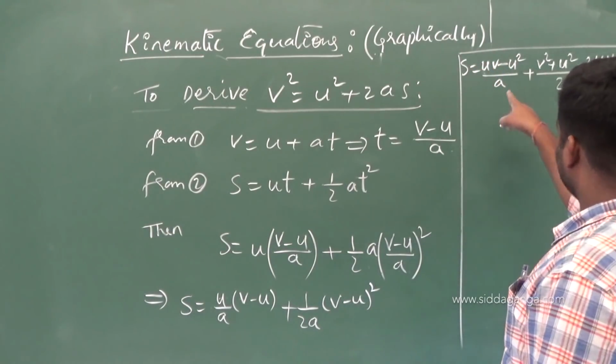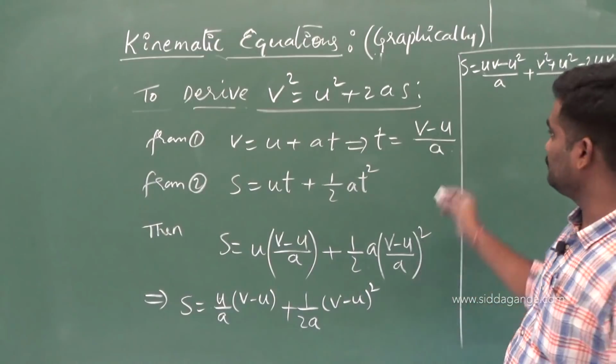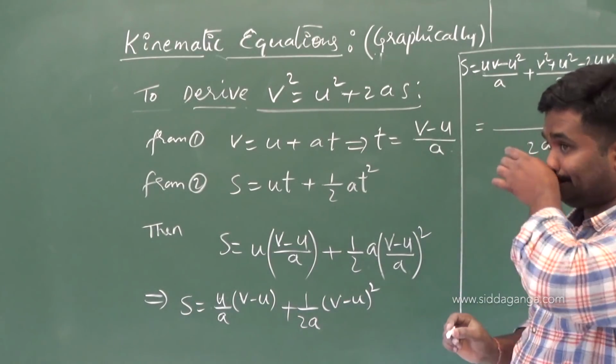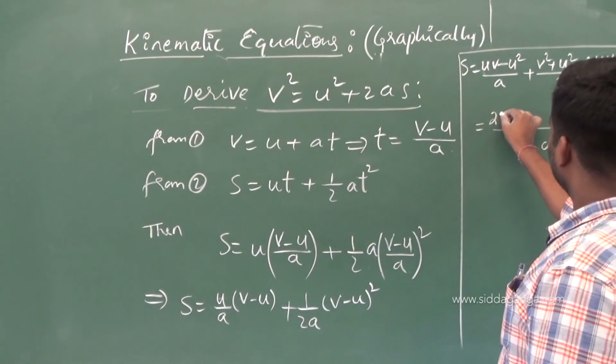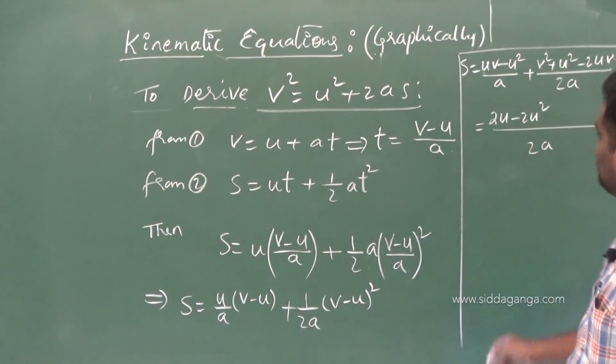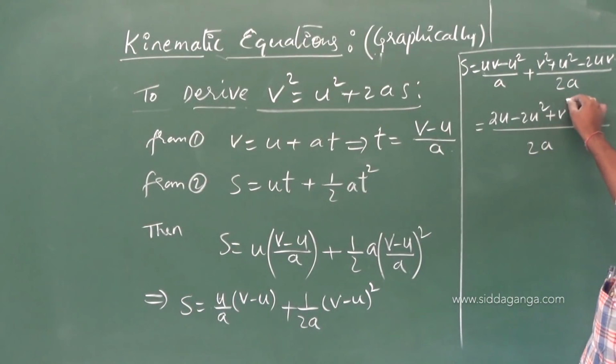Once again you just take the LCM as 2A and do the final simplifications. Finally, I will write this as 2UV minus 2U square plus V square plus U square minus 2UV, divided by 2A.